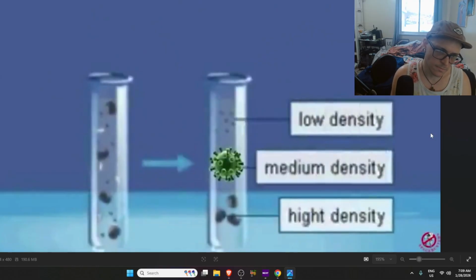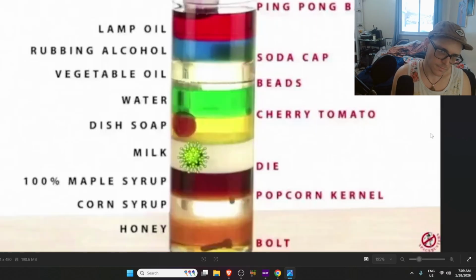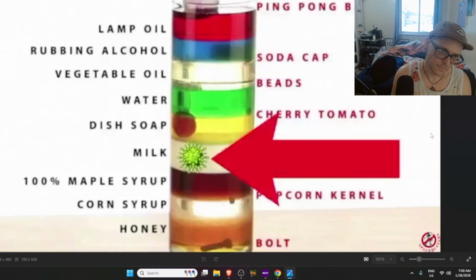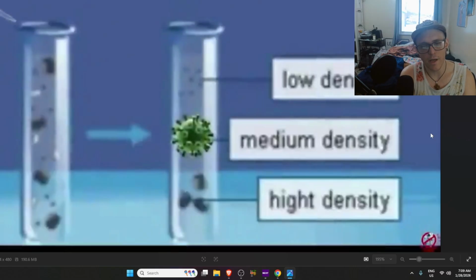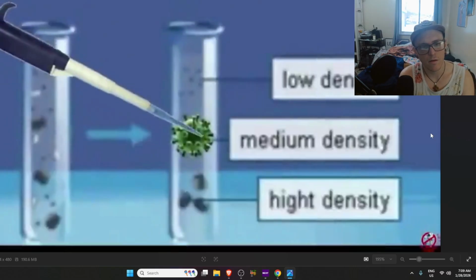Just like your lighter socks and underwear stick to the washing machine wall, while the heavy jeans and shirts fall in the middle. Or just like these materials in this glass are separated by density. Then, we'd take a nanopipette and extract only that density band of material that only has these viral particles in them.